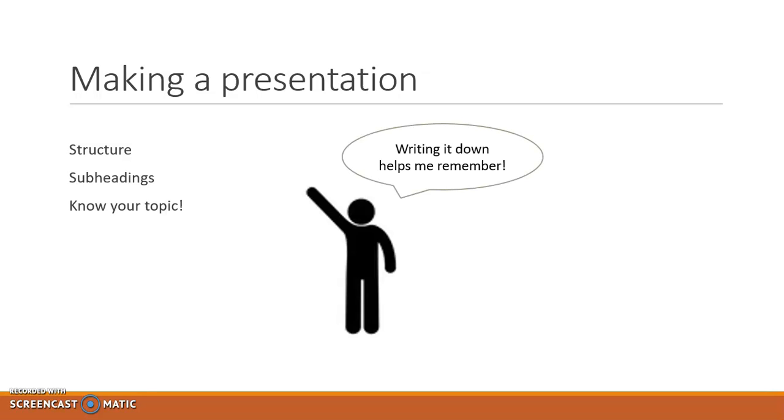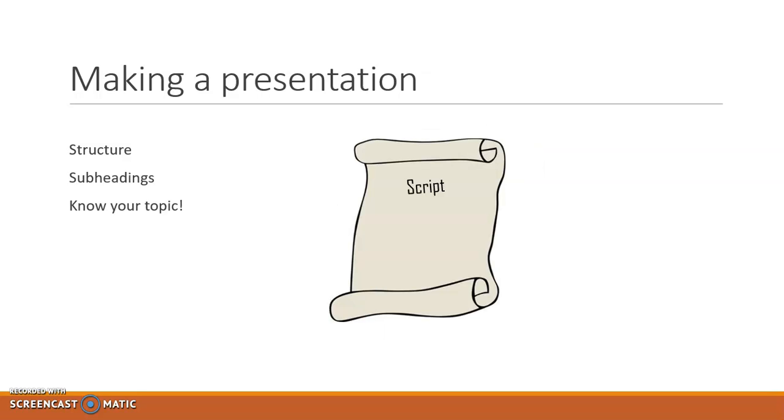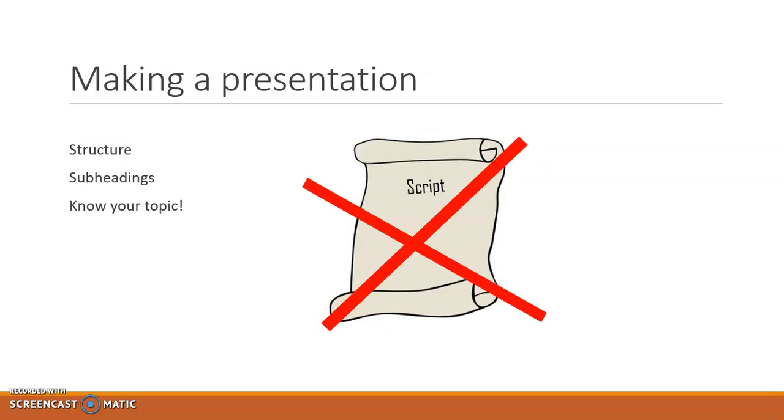If it helps you to learn and to remember what to say by writing it down, then by all means, take the time to write and to think about how you phrase things and use correct grammar and all of that. But what's important to remember is that once you get to your presentation, it's all right if you don't say things exactly the way that you wrote them down. It's much more interesting to listen to someone who speaks freely and naturally than someone who reads from a script.